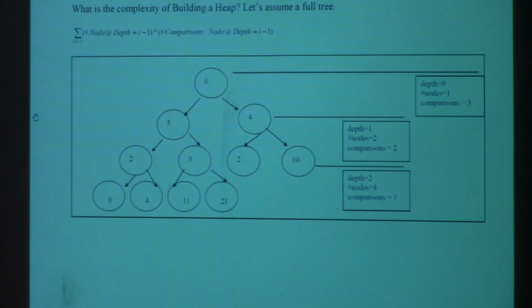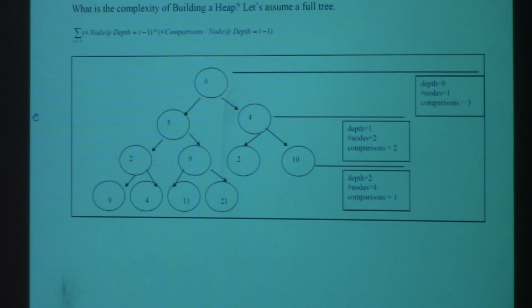What I mean by that is, if this node is causing a violation, it will only be compared at most 3 times. Because the height is 4, it will go from depth 0 at worst to depth 3, which means comparison 1, comparison 2, comparison 3. So the number of comparisons, worst case, is 3.